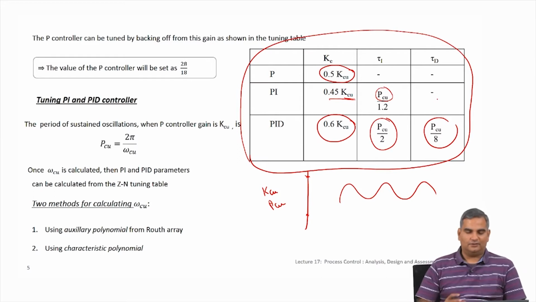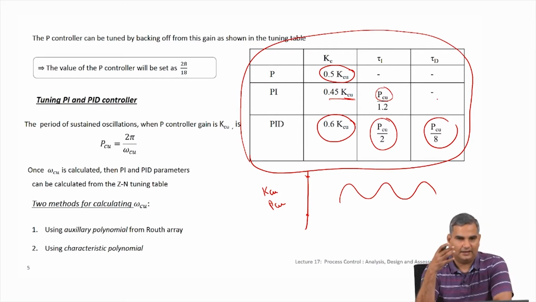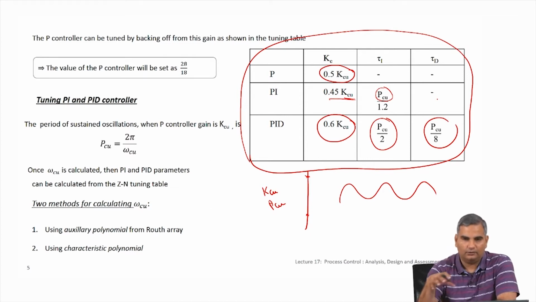Now, this is the simplest of tables, and I think there is a lot of understanding value in thinking about this table and how it was filled from a stability based condition, but this is not the most current table. There are several tables based on the names of people who have come up with ways to tune these controllers.